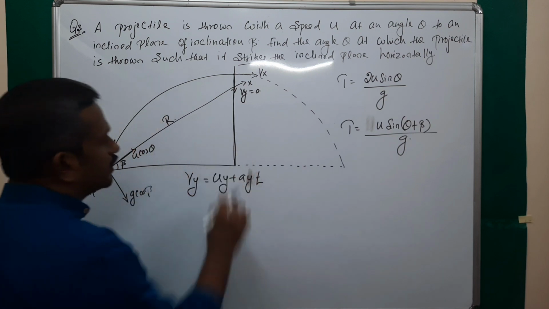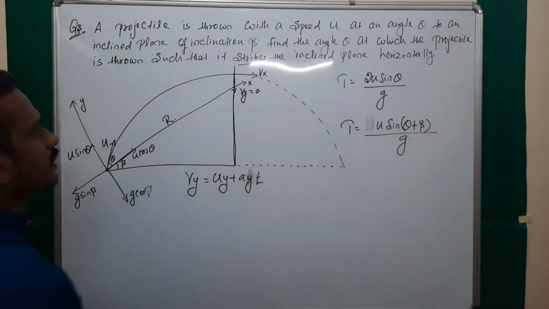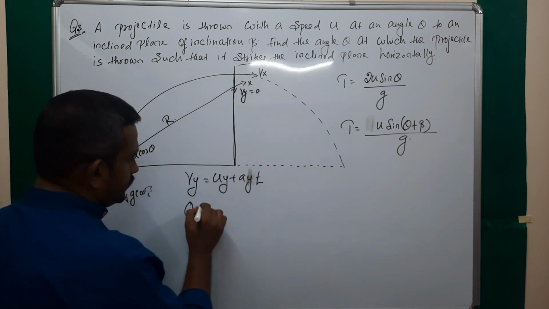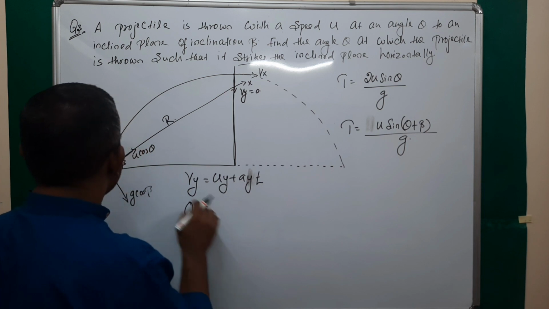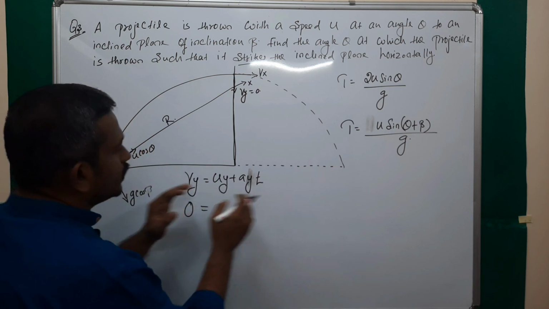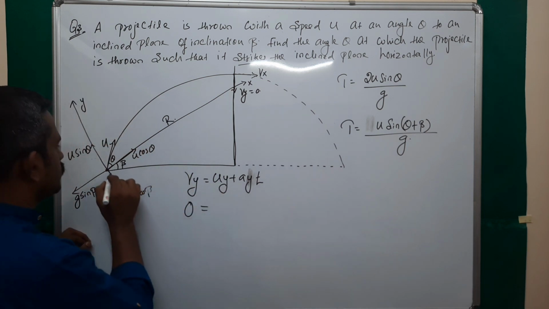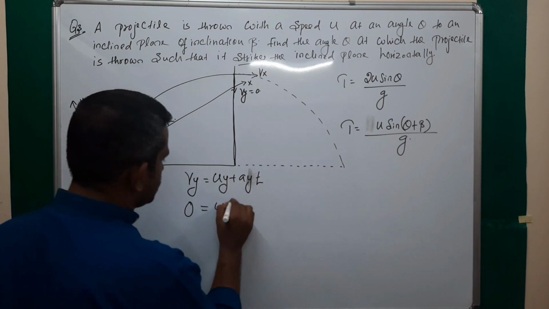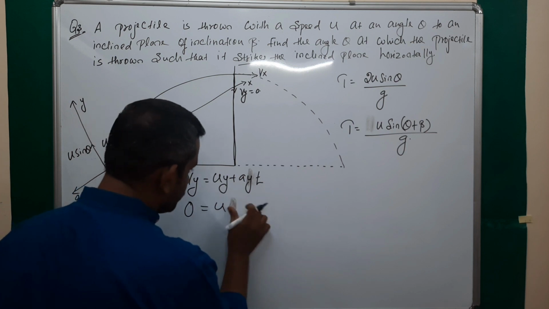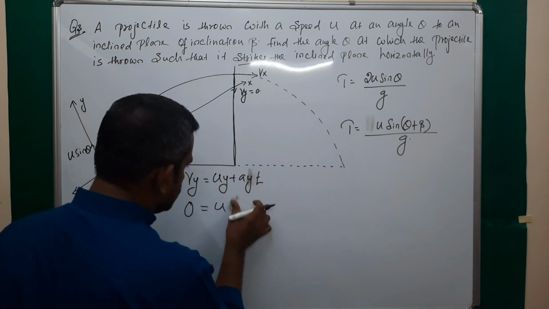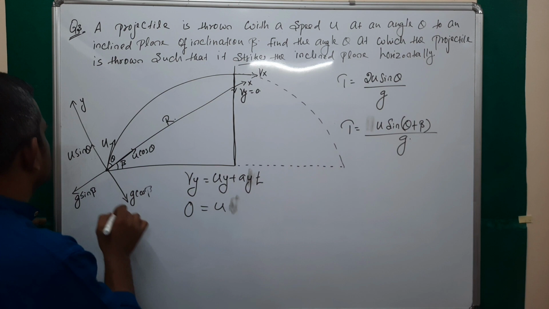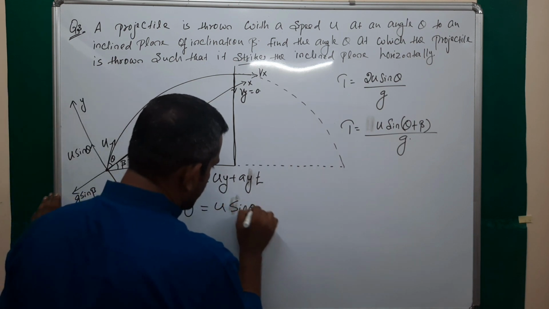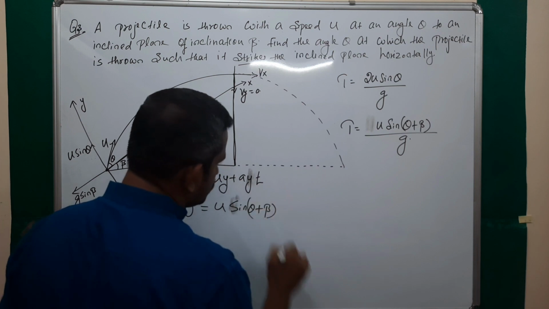So when observed from the ground plane, the vertical velocity is equal to 0, and uy is the vertical component of velocity. The horizontal component of velocity is u cos(theta plus beta), and the vertical component of velocity from the ground plane is u sin(theta plus beta).